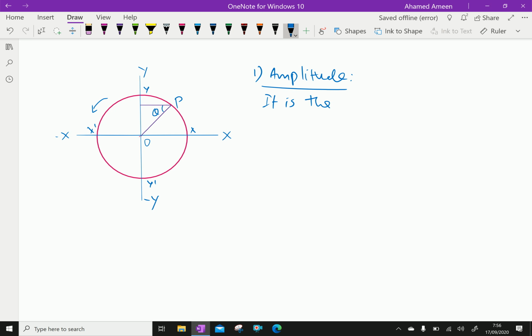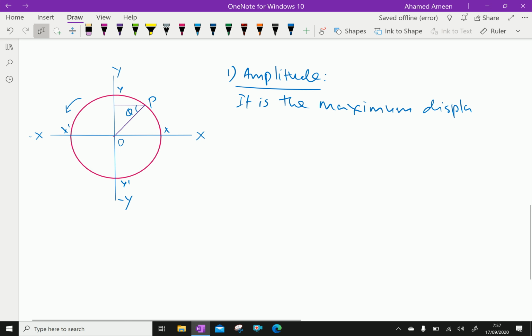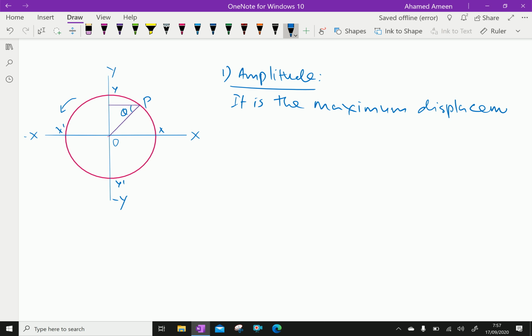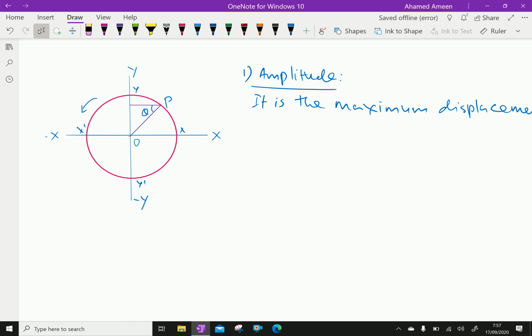It is the maximum displacement of your body from its mean position.